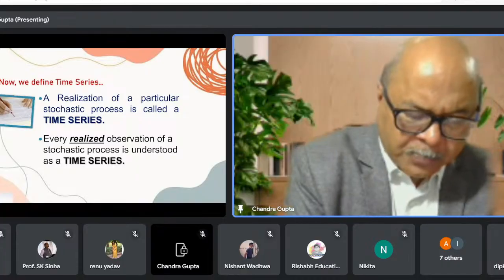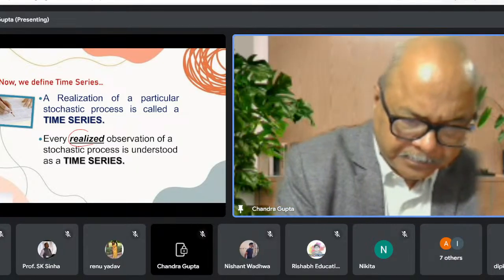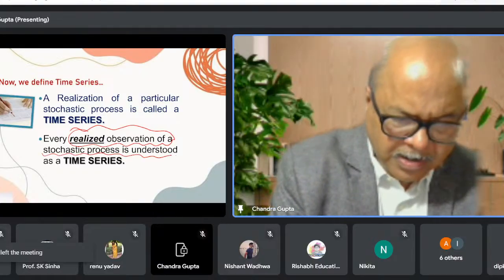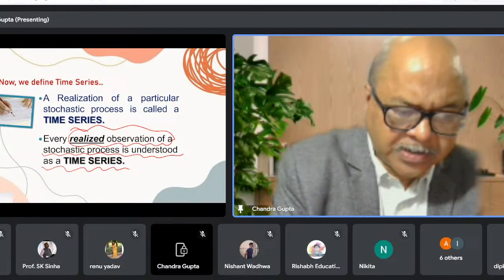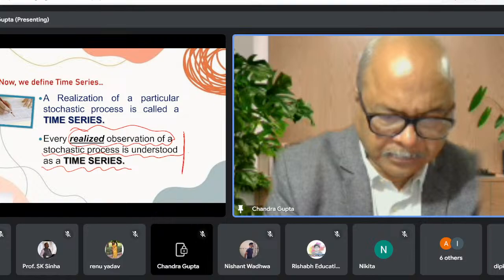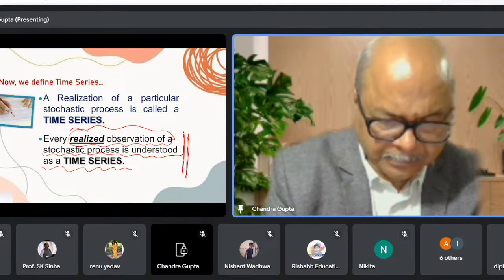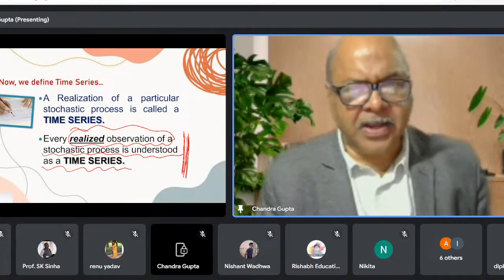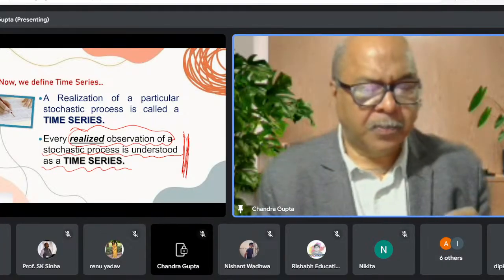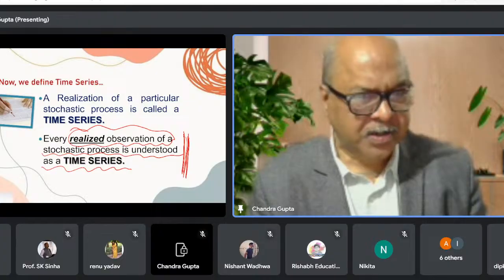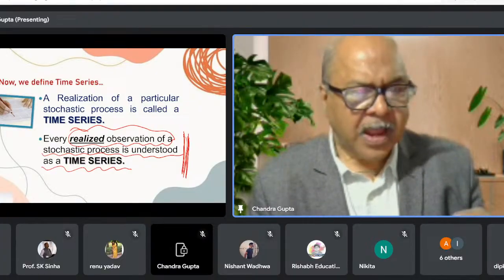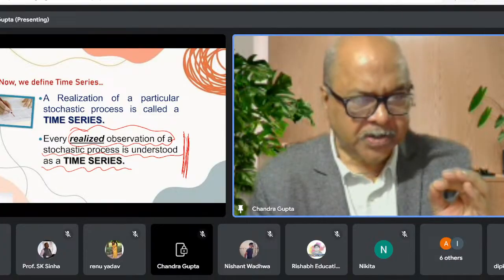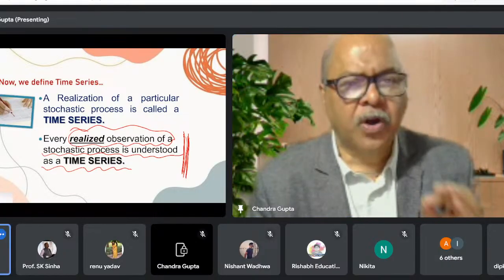Every realized observation of a stochastic process is understood as a time series. And Aman, in your case, if the markets are efficient, the process is random walk process, which is a stochastic process. And what you will get in time series, one observation, one realization of that random walk process.